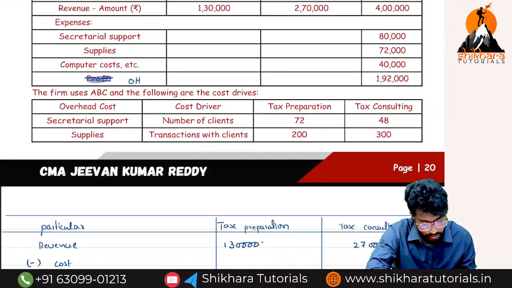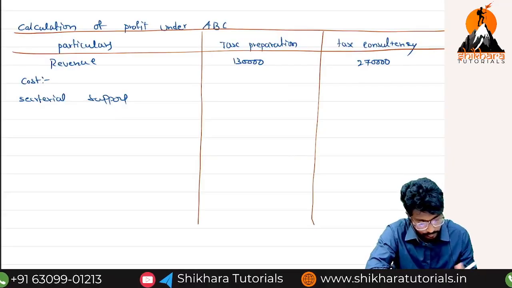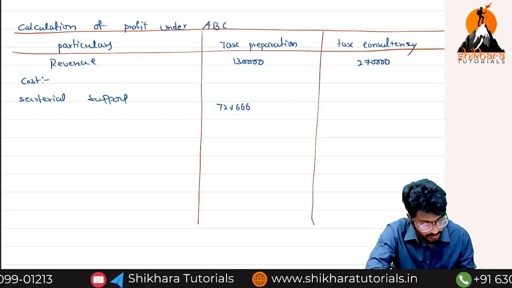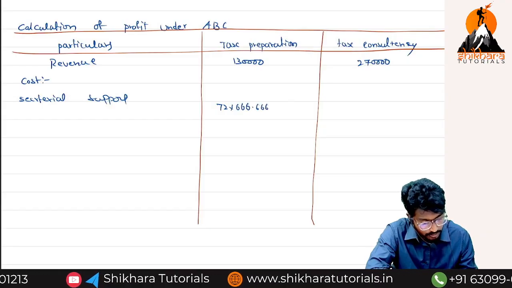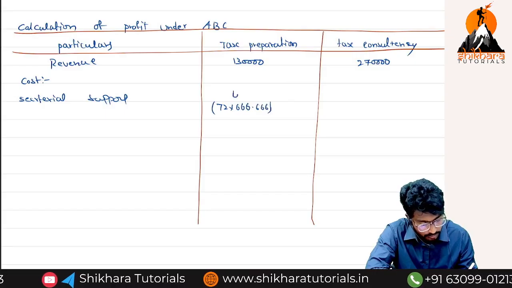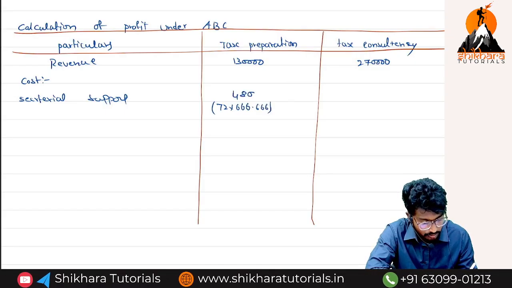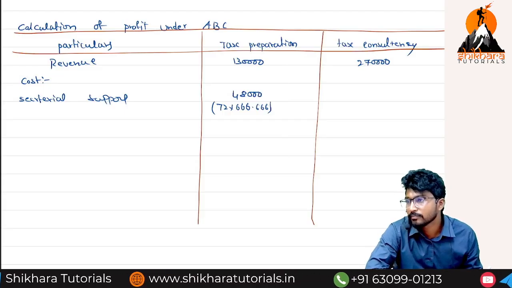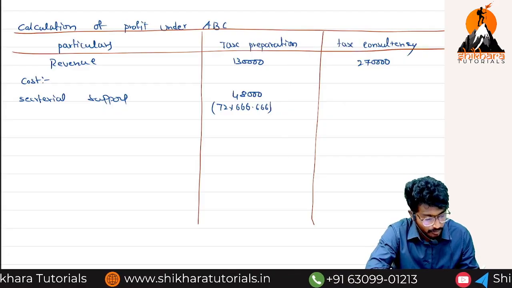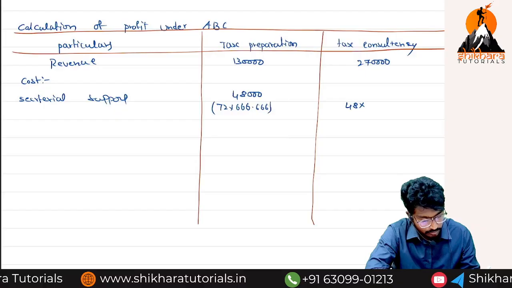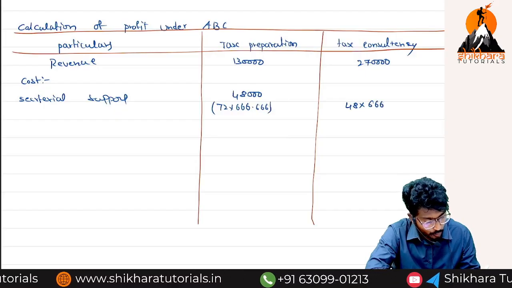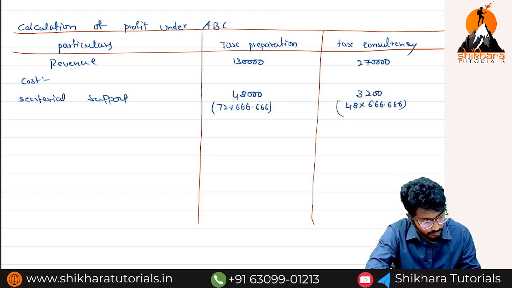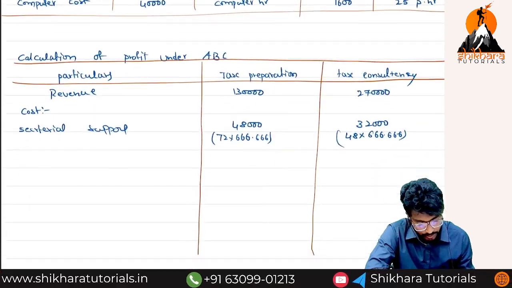How many clients do we have? 72. 72 into 666.666, how much is it? 40. Next, how many clients? 48 into 666.666 is 32,000.